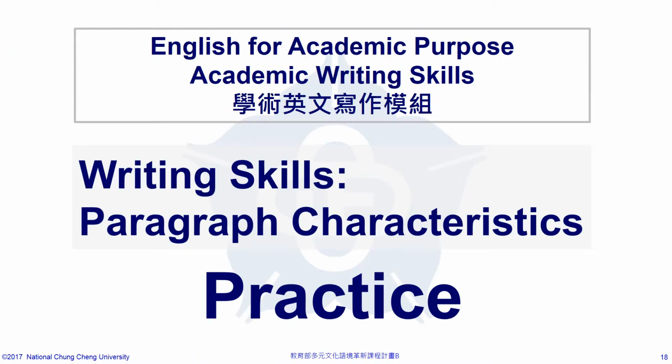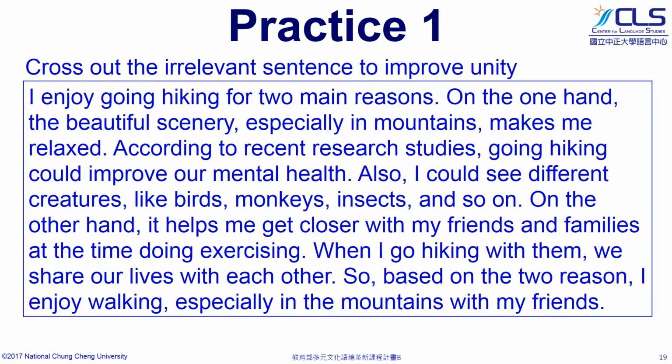We've learned the 4 characteristics of a well-written paragraph and the 5 ways to improve cohesion. Now, let's practice to check how much we have learned. So first, please cross out the irrelevant sentence to improve unity.